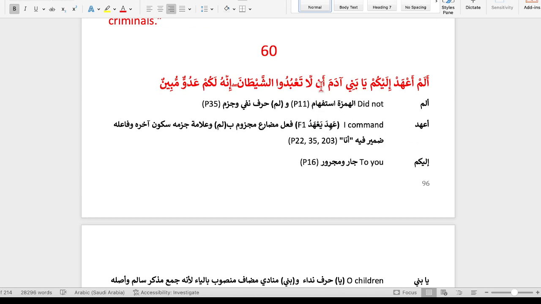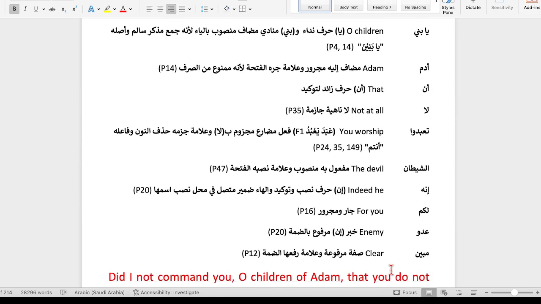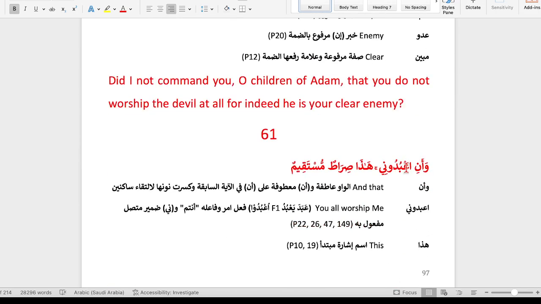But in this case, this ubudu, this alif will not be pronounced if something is before it. If there is no an here, it's going to be wabudu. Here with the an it's going to be wa anibudu.